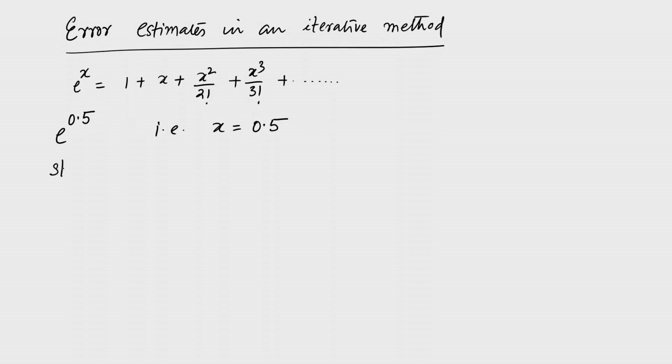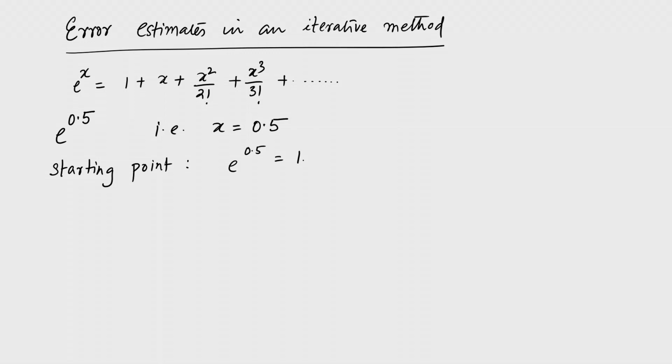So, our starting point would be exponential 0.5 equal to 1, and then we add successive terms such as x, which is 0.5, and x square by 2 factorial, which is 0.5 square by 2 factorial, and so on. And then we try to see how we converge and when we converge. Now, the convergence will depend upon a pre-decided error, that is, if our successive approximation gets us below a certain error, we will stop there. That is the idea behind it.